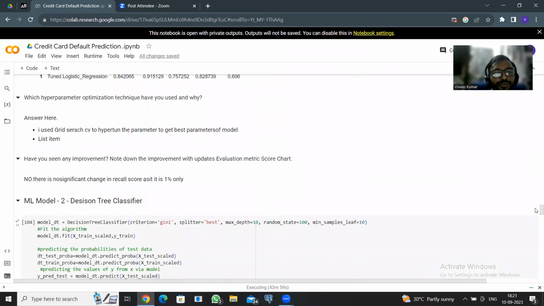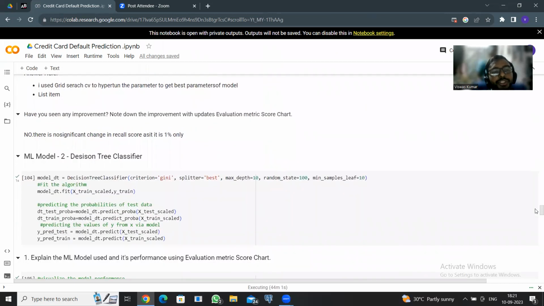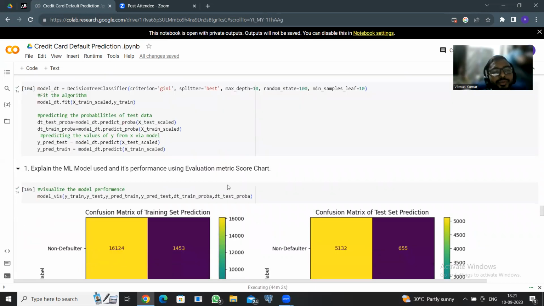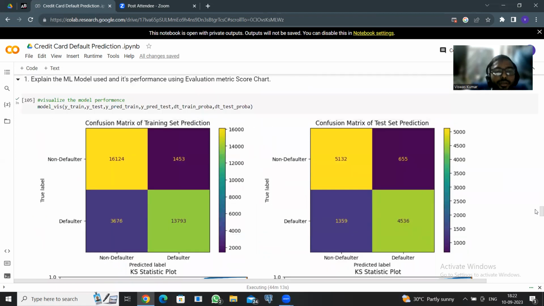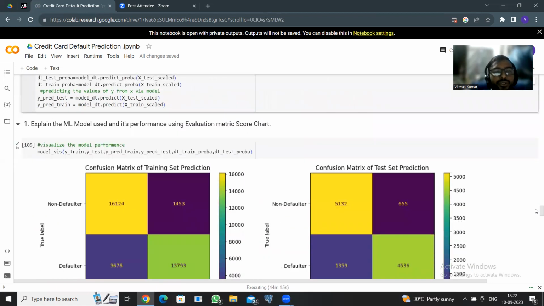The second model I implemented is the decision tree classifier. I used the decision tree classifier with the Gini criterion, which is used for binary classification.